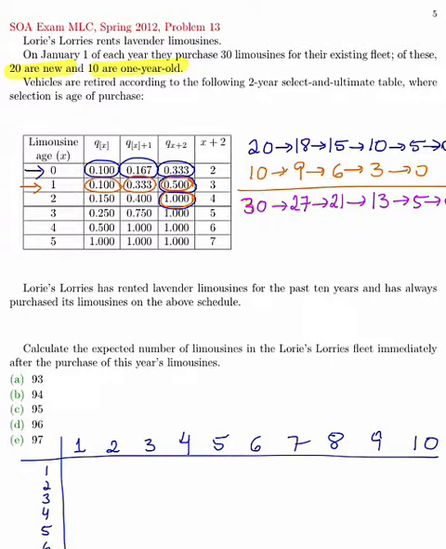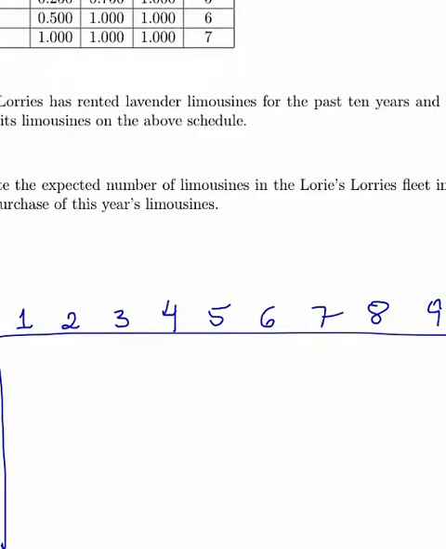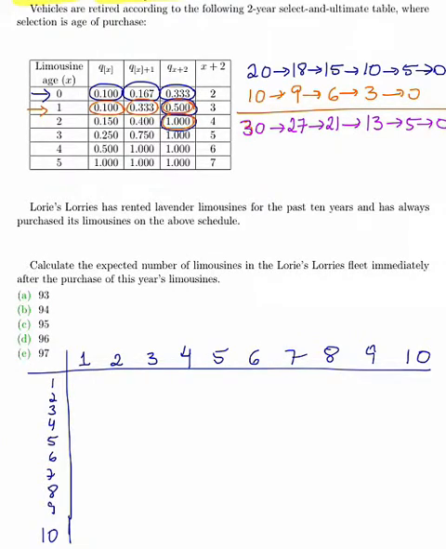So we want to know, we've purchased 30 limousines each year for the last 10 years. Right after the purchase of the 10th year, how many are in service? So I'm going to make a chart here, and so in year 1, right?